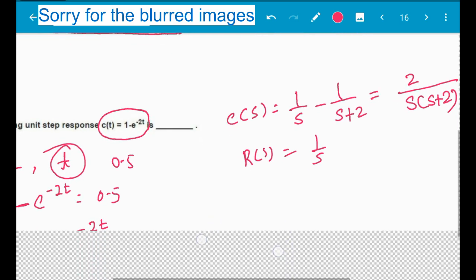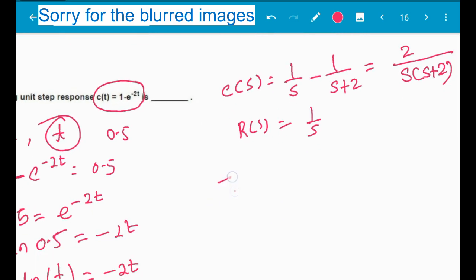So what will be the transfer function? Transfer function is C(s) by R(s), and this is coming to be 2 by s plus 2.